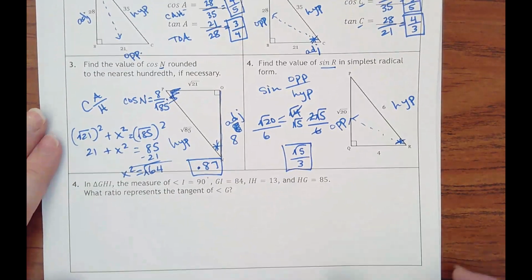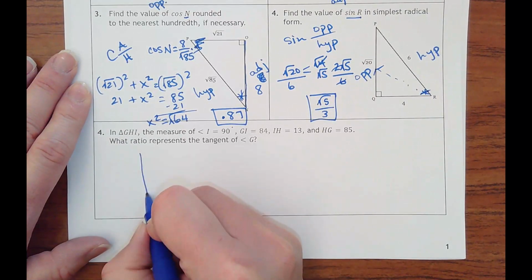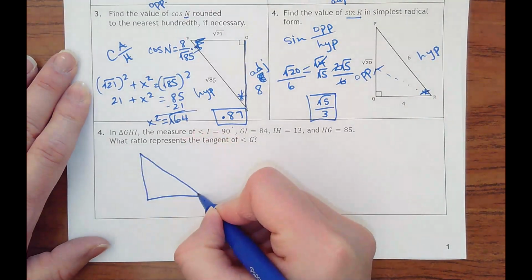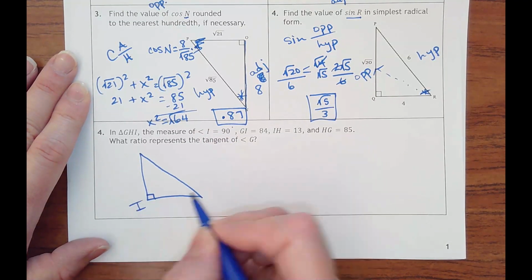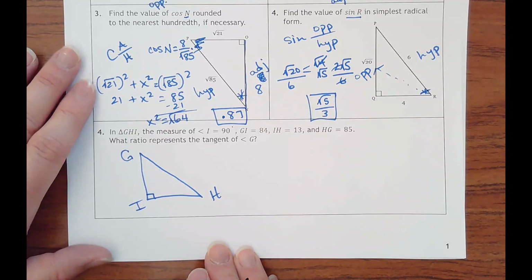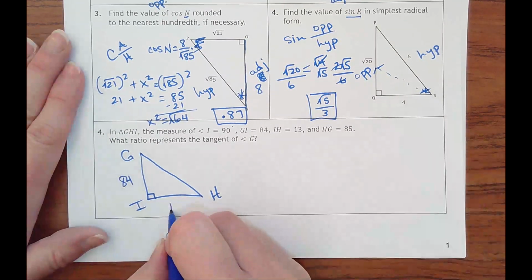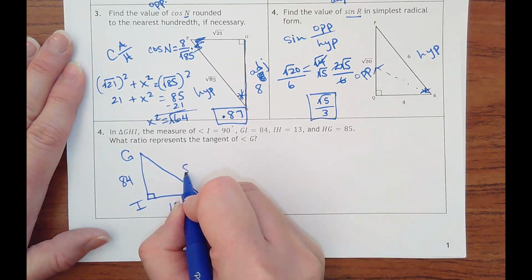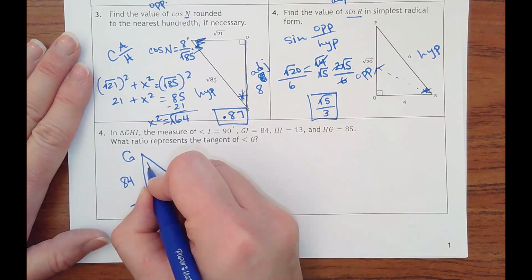And then last one is the same stuff, it just does not have a triangle. I would make one. You also know that it's a right triangle because it says that angle I is 90. And it does not matter which one you call G and which one's H. So GI is 84, IH is 13, HG is 85. What is the ratio to represent tangent of angle G?